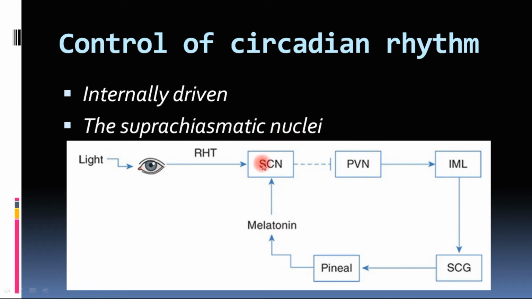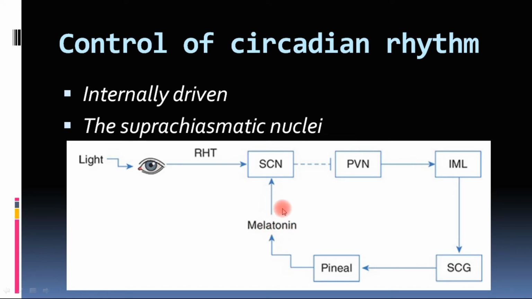Now this suprachiasmatic nucleus inhibits the paraventricular nucleus. This paraventricular nucleus is as such excitatory to the sympathetic outflow, the intermediolateral horn outflow, and this stimulates the superior cervical ganglion, which stimulates the pineal gland. Now consider here that melatonin is the sleep initiating hormone which is secreted in the dark.